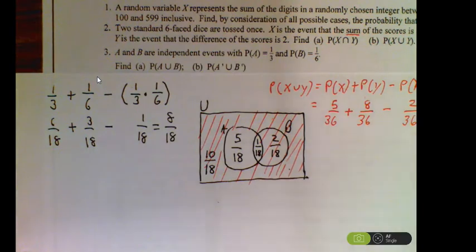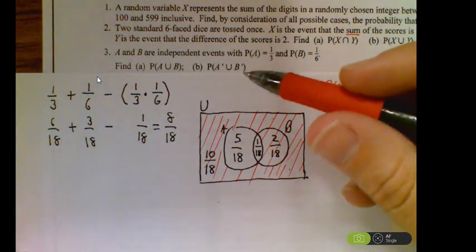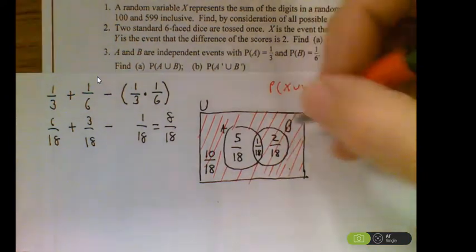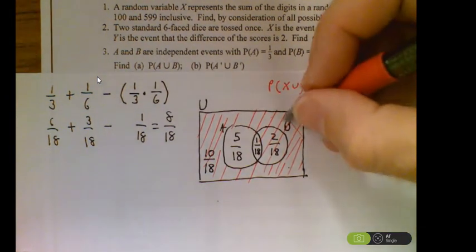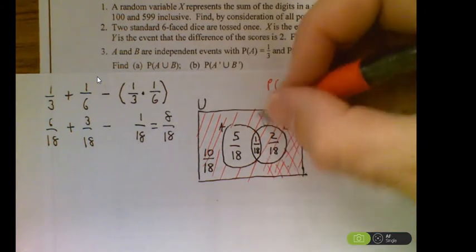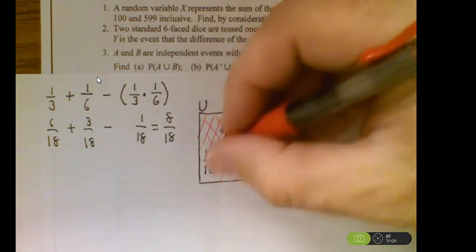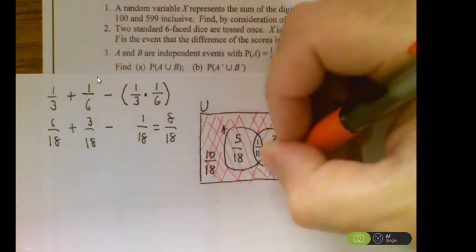So that's everything that's not A. If I were to shade everything that's not B, so everything outside of circle B, that would be those areas.